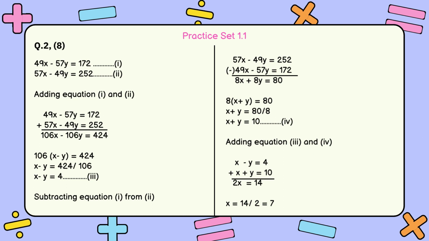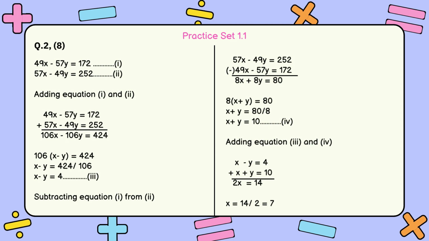Now as you can see in equation 3 and 4 we have the same variables. So it's up to you which variable you want to cancel out and find the value of first. I'm here adding this equation because I find it easier to add than subtract. So we'll add equation 3 and 4 and we can cancel out the y by adding and we get 2x is equal to 14.